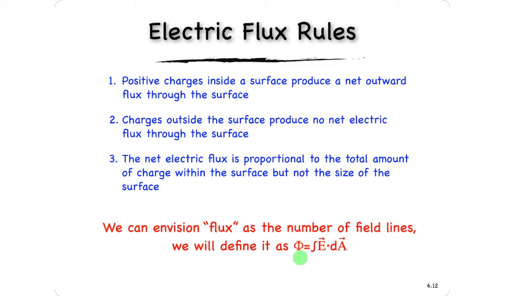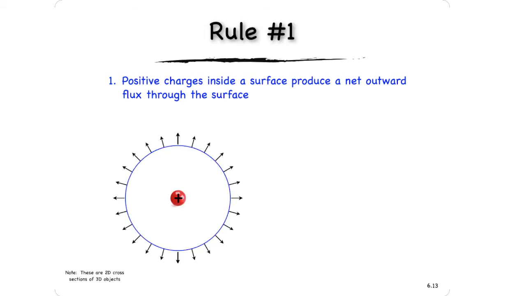And the flux can be written as the electric field dotted with the area vector integrated over the whole surface. We'll get back to what that means in a minute. But what I'd like to do is try to develop that a little bit more before we get into the mathematics of it.